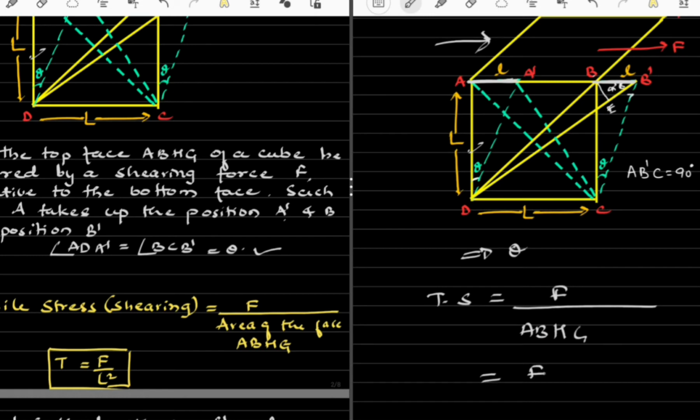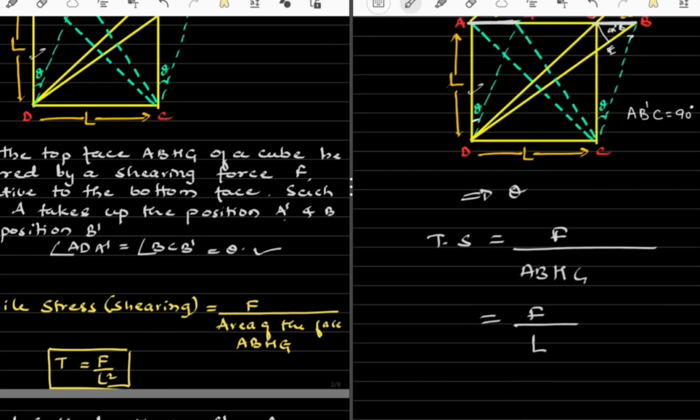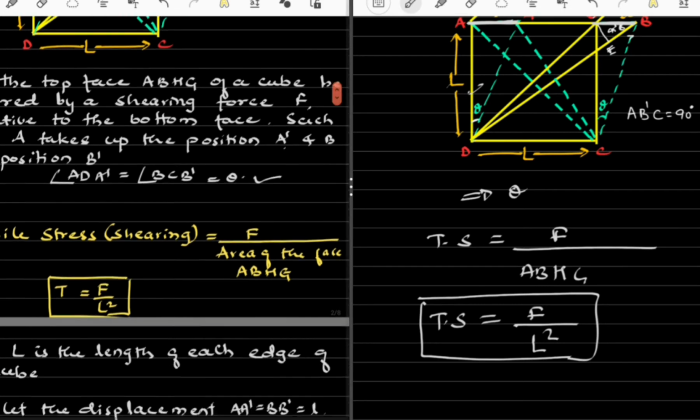Each edge of the cube is length L, so the area of ABHG is L square. So this gives the tensile stress, or maybe tangential stress, or it is called as a shearing stress.